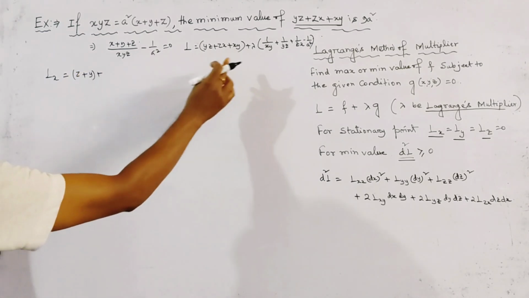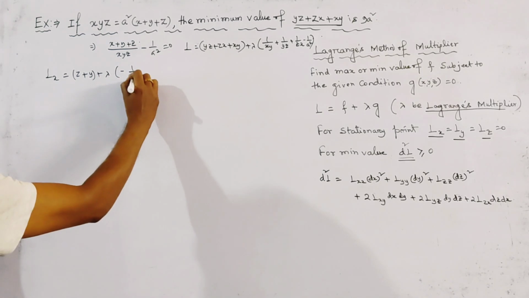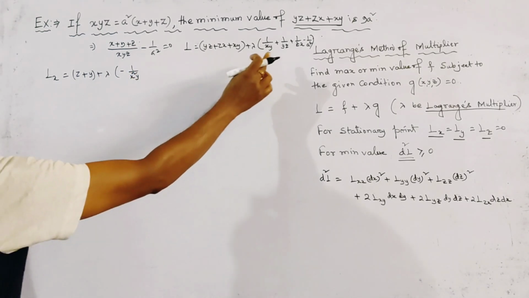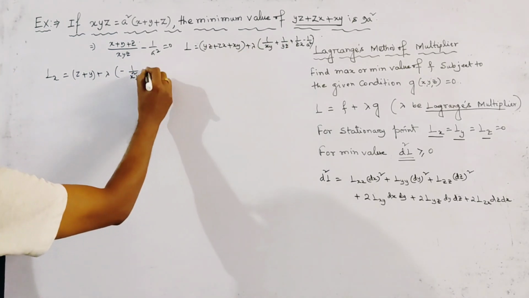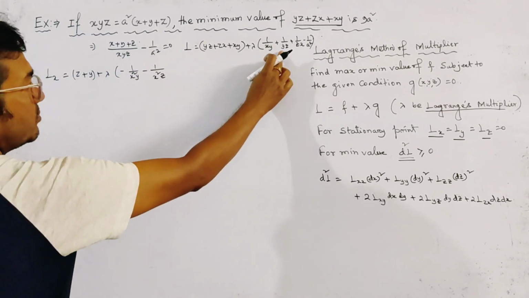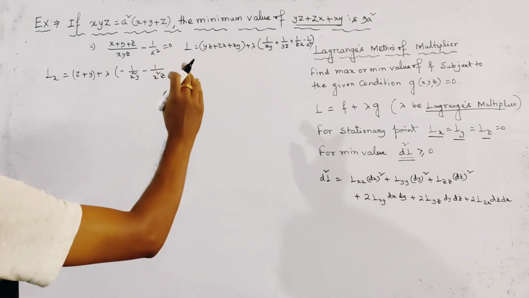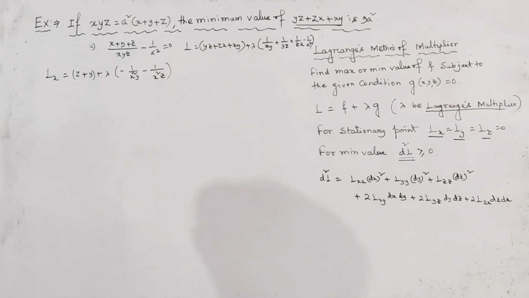From the lambda term we get minus 1 by x square y and minus 1 by x square z, and minus 1 by a square is a constant, so this must be 0.